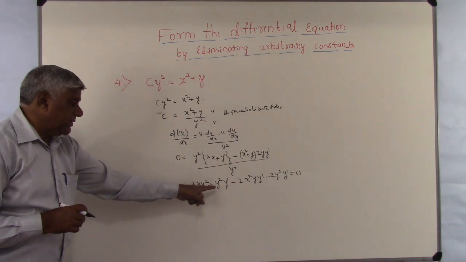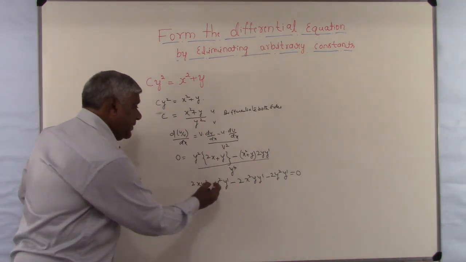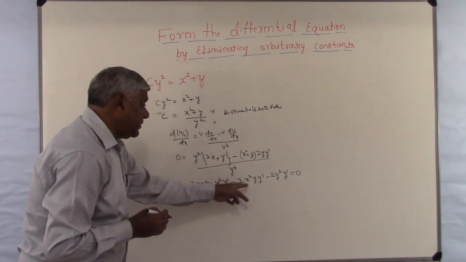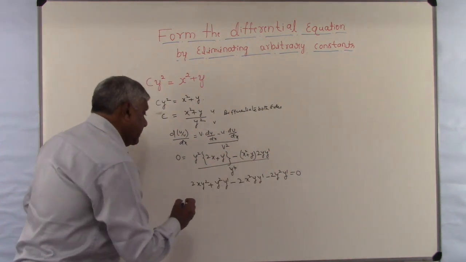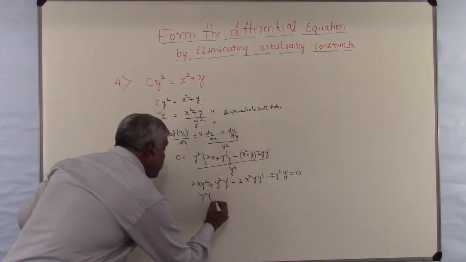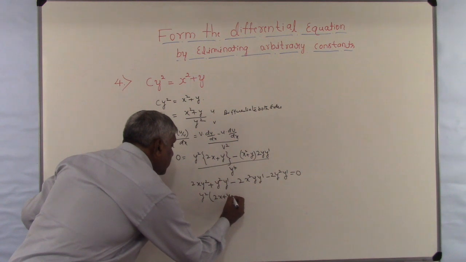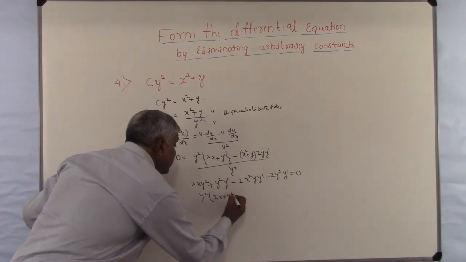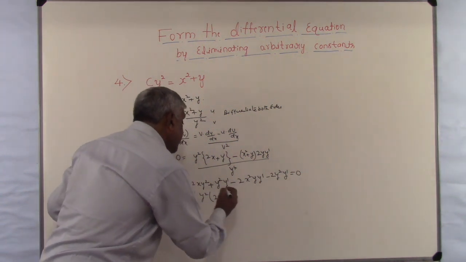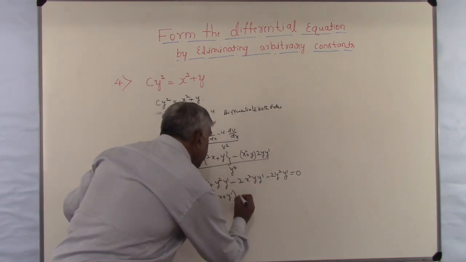Can you see here? You can take out y square common: y square into 2x plus y dash. In this, what do we get here?